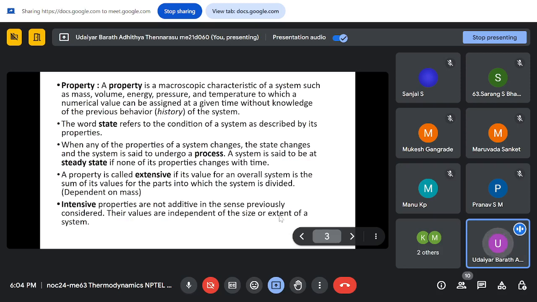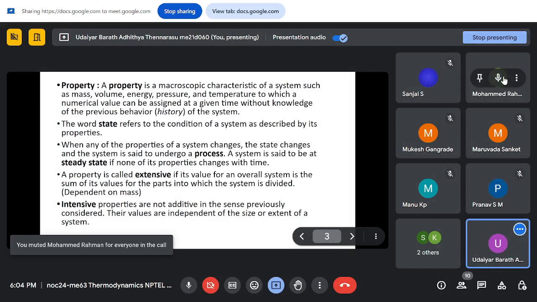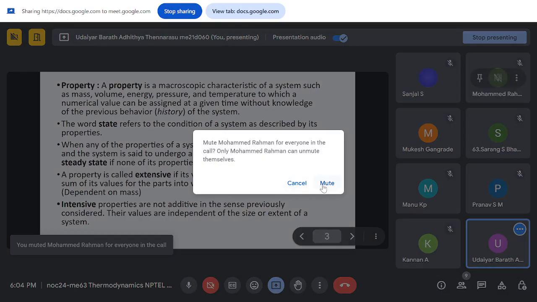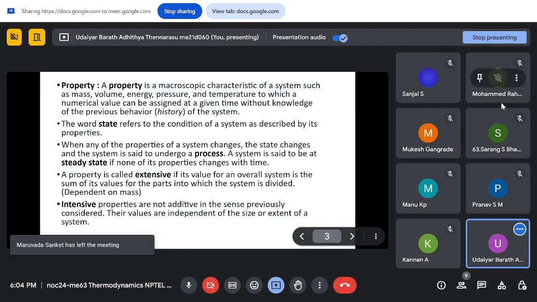Now we have seen a system, surrounding, and what type of system it is. So now how will you define a system? Just like each person has a name, your system also has to be pinpointed.